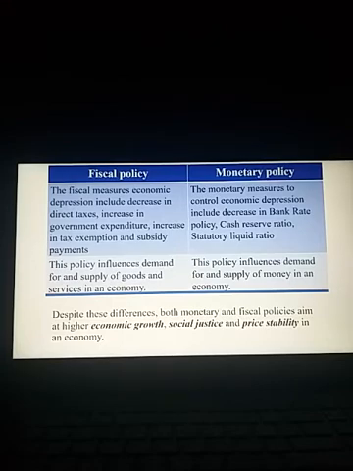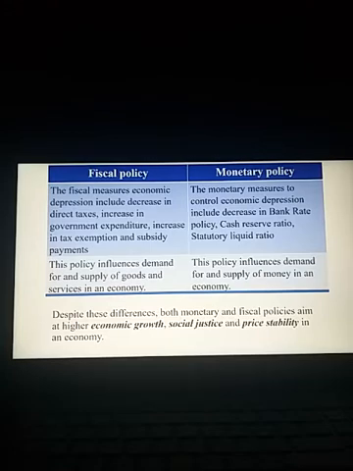Just remember these points, whatever we discussed in the previous slide. Observe, it is just the opposite. At times of inflation, direct taxes will be increased, but now it is deflation or depression. So we decrease direct taxes, whereas we increase government expenditure, tax exemption, and subsidy. Whatever you have written previously, write just the opposite.